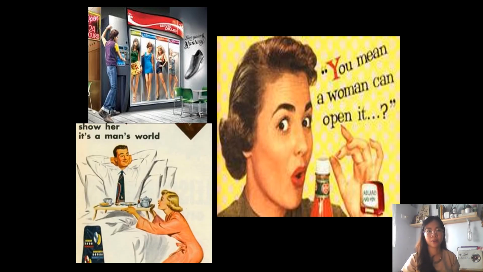These are actually ads, guys, before. And of course, ads' function is to help promote whatever that product is. These ads actually help these products sell.